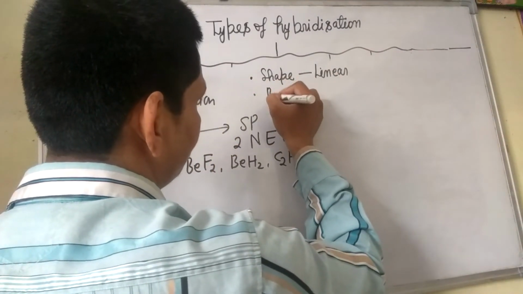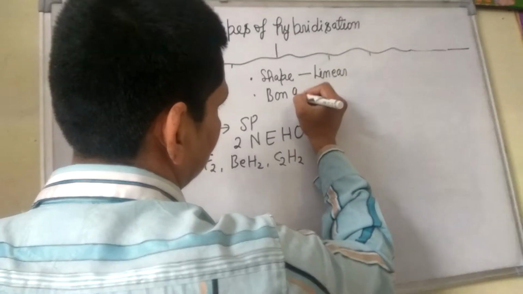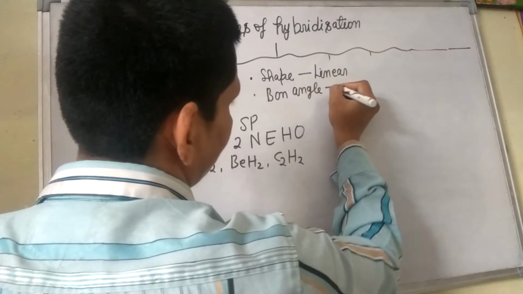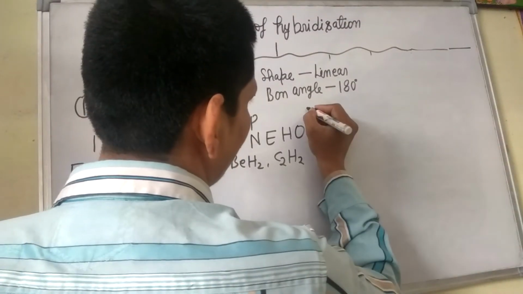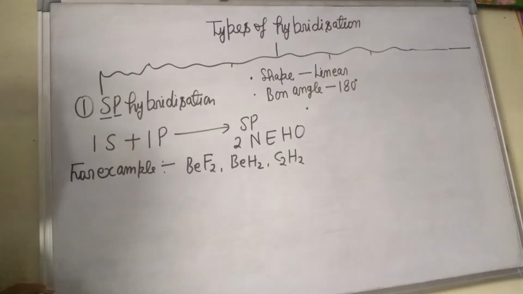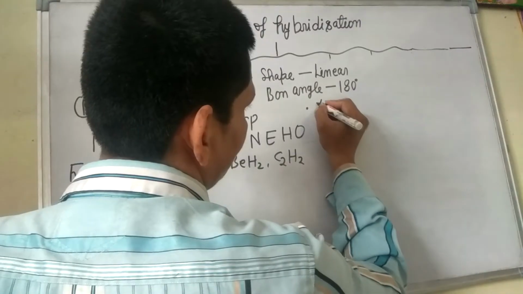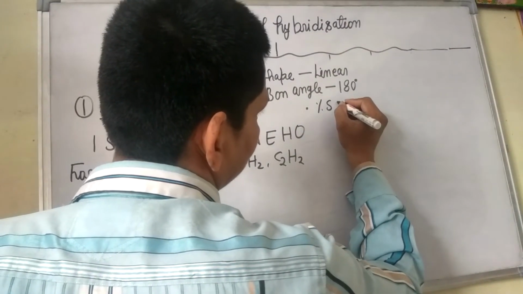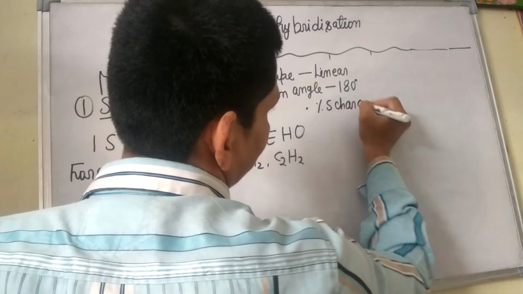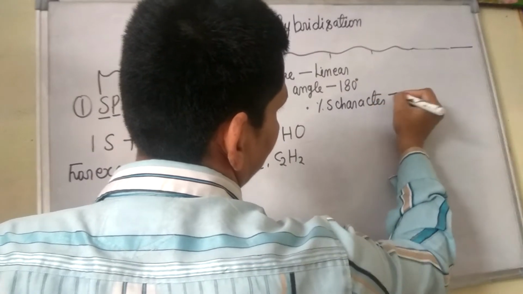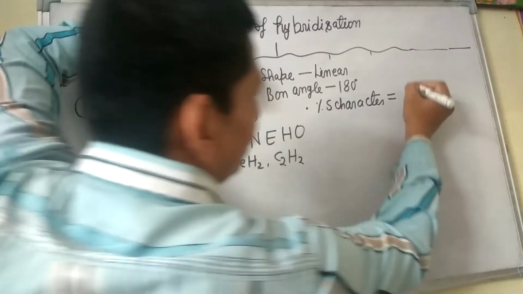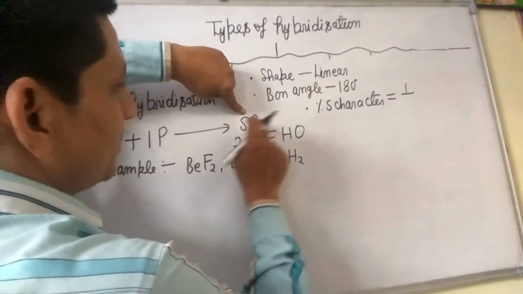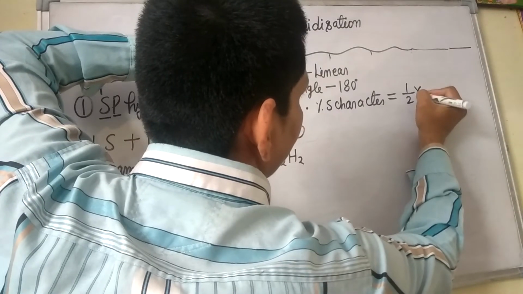Second important point, bond angle. Bond angle is 180 degrees. Third important point, percentage S character. Here S is 1, so we write 1 plus 1, 2, into 100.